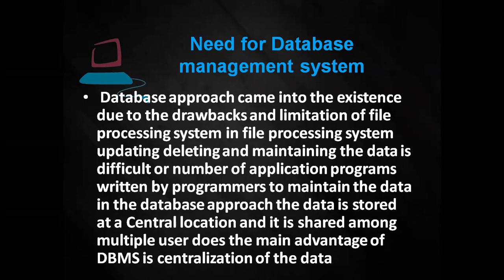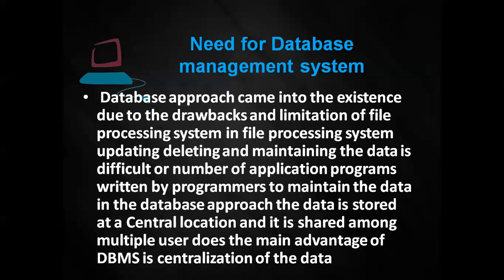In the database approach, the data is stored at a central location. This is very important. Data is stored at the central location and it is shared among multiple users. Thus the main advantage of DBMS is centralization of the data. So what is meant by centralization of data? As I said, in the previous file processing system there were separate files.